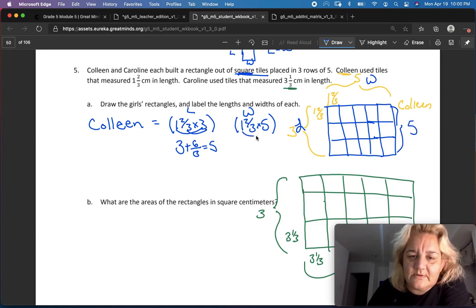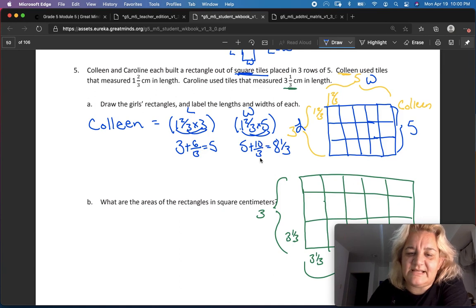And okay, 1 times 5 is 5, plus 2/3 times 5 is 10/3, which means her width is 5 plus 10/3 equals 8 1/3. Okay, so that is 8 1/3.